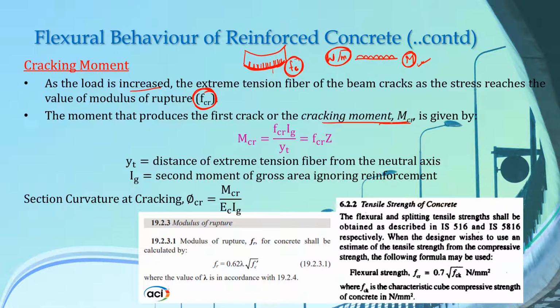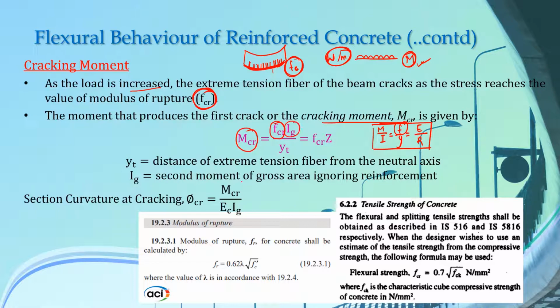So at this point of cracking moment also, you can use the relationship that we saw before, M over I equals F over Y equals E over R. Now if you want to calculate the cracking moment here, then for the value of F, which is stress, you have to use this modulus of rupture FCR.